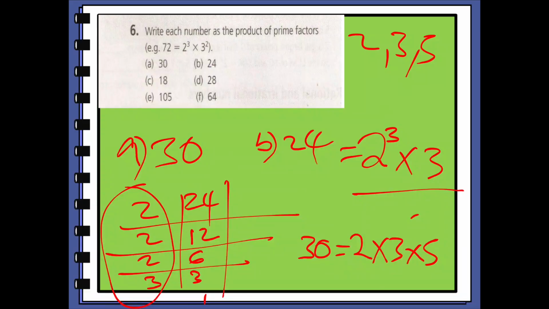Which is 2 times 3 is 6, 6 times 5 is 30. Then for 24, it's this one. So we are going to use the answer for 24 and the answer for 30 to find the highest common factor. Okay, so 2, 3, 5 and then 2 times 3.